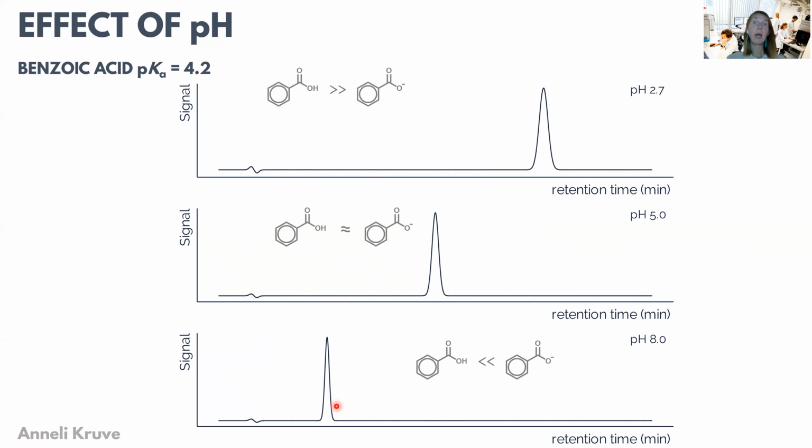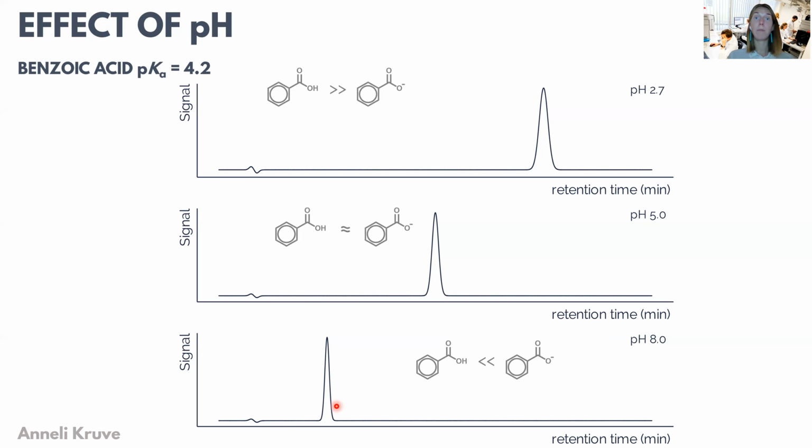So this means that pH is a very important factor in the elution of compounds which can ionize in the mobile phase. And this gives us multiple considerations.